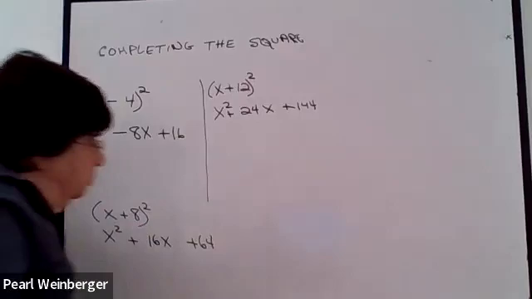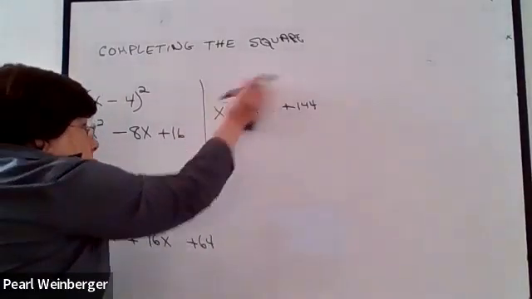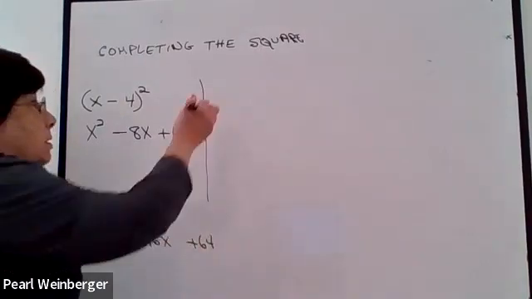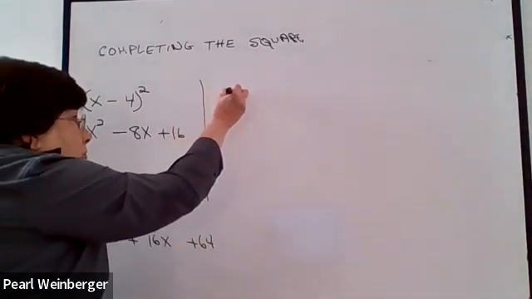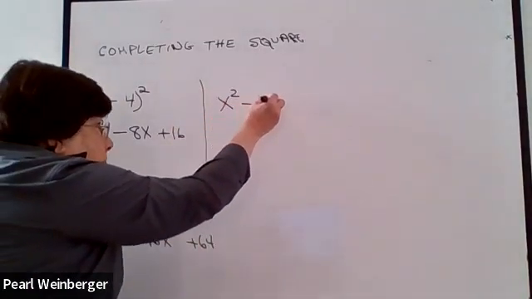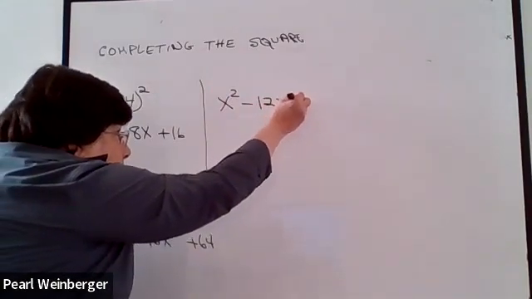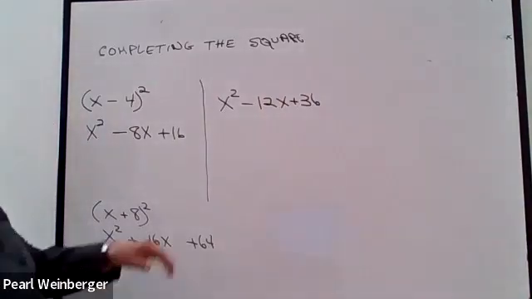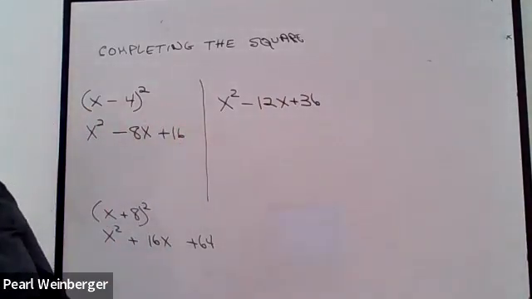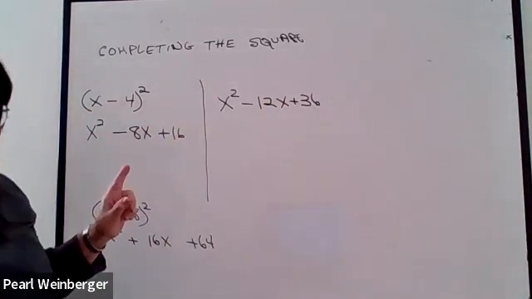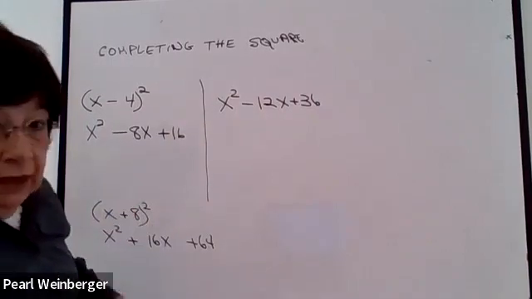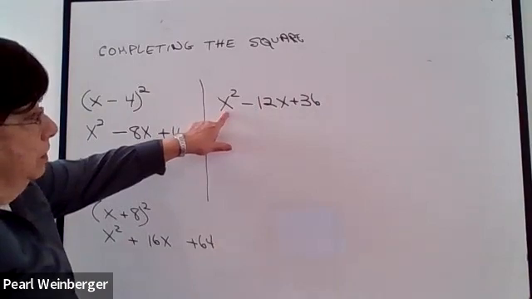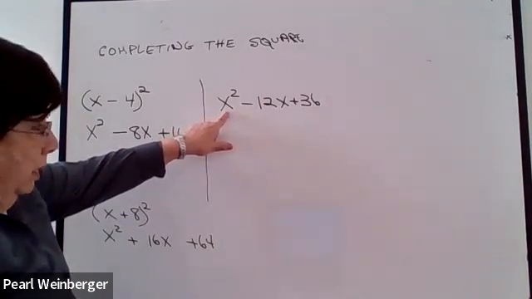What if I gave you something that looks like this: x squared minus 12x plus 36, and I want to factor this. If I look at it carefully, I'll see that this is a perfect square binomial. Why?